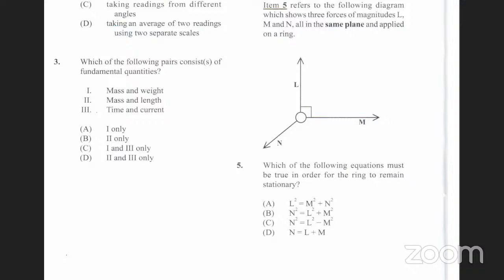Yeah, the answer is A, apple. Next one. So I just share it over.